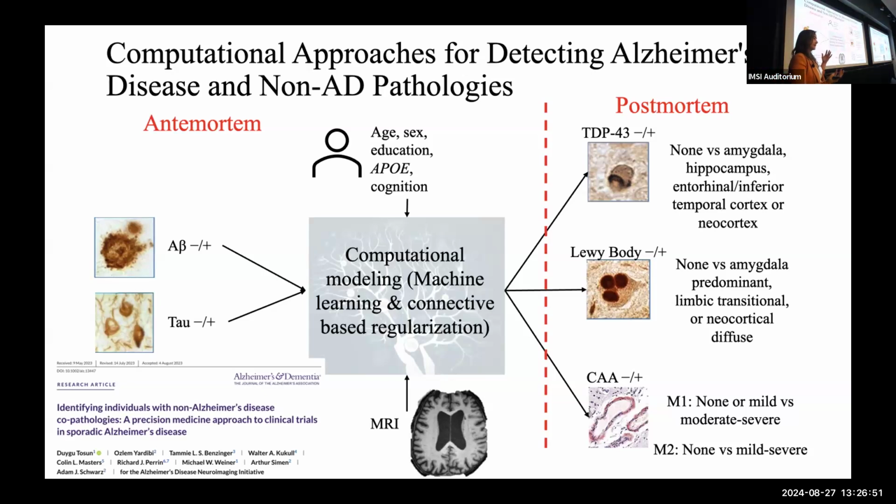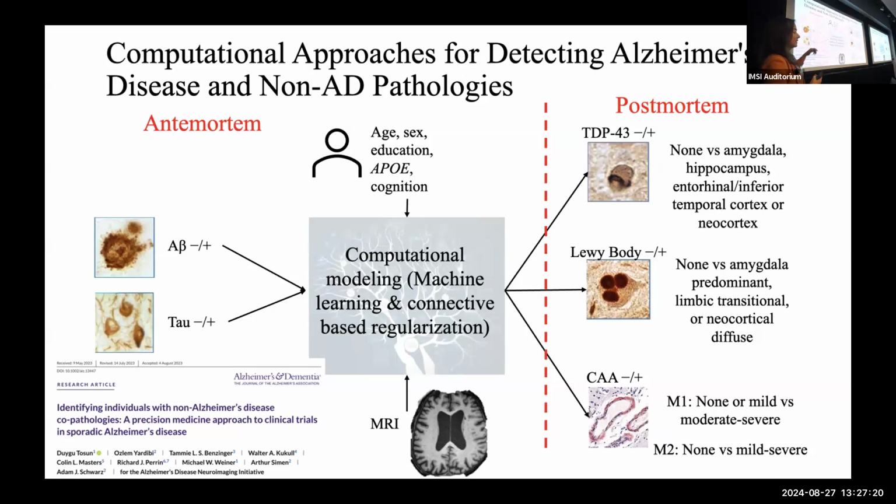Some of these autopsy studies actually have antemortem imaging done on the same participant. So we put together a combination of multiple cohorts that have neuropathology assessments at autopsy and also neuroimaging data collected antemortem, and used some machine learning approaches, also leveraging the peer approach in this case for the regularization.